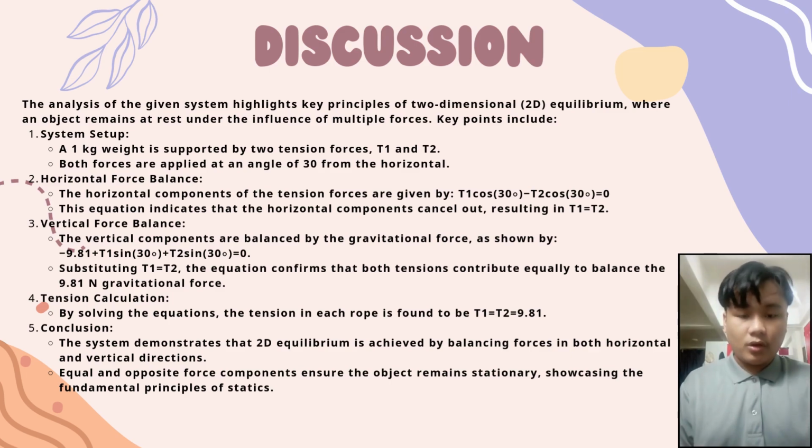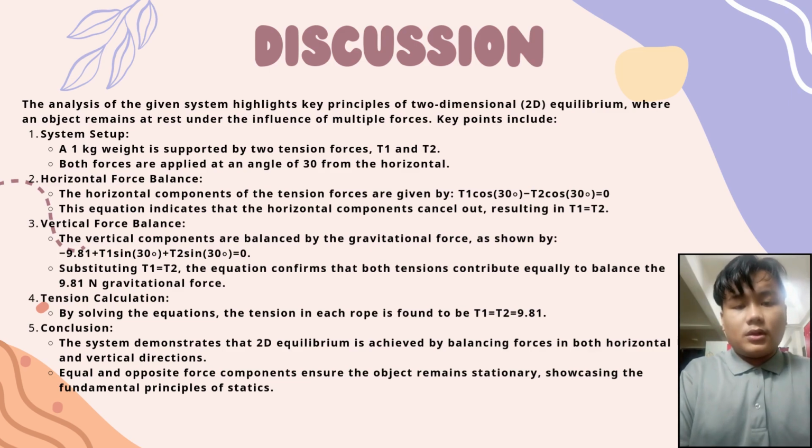After that, we get T1 equal to 0.866 T2 over 0.866. After cancelling the 0.866 by the mathematical solution, we get T1 is equal to T2, and that is the resulting sum of Fx.